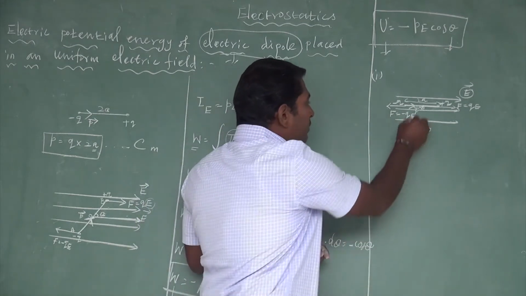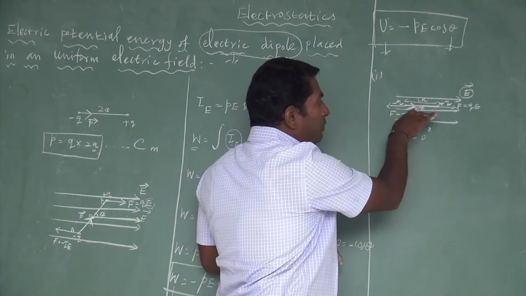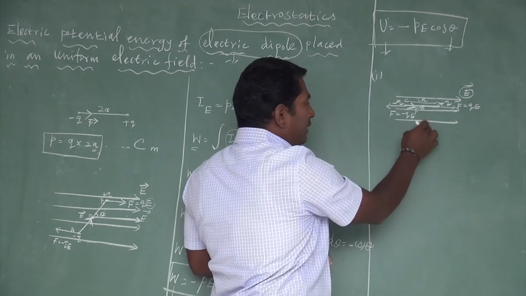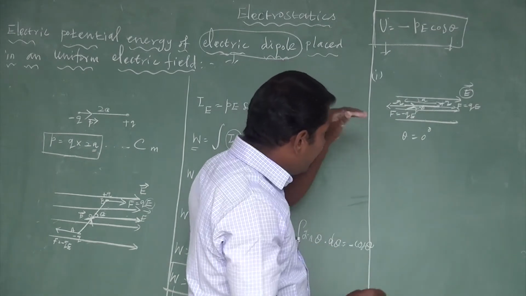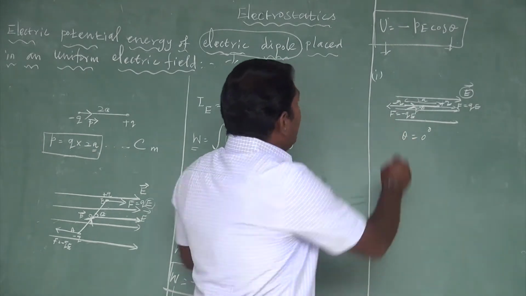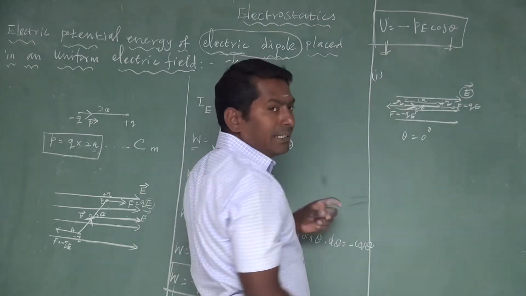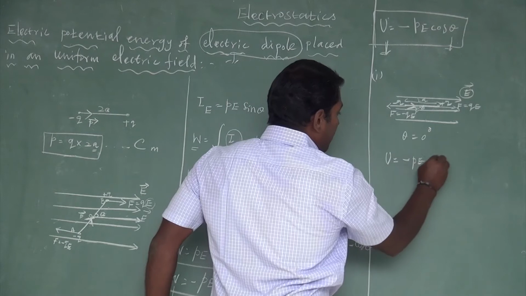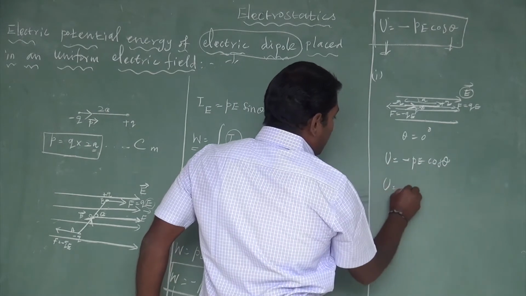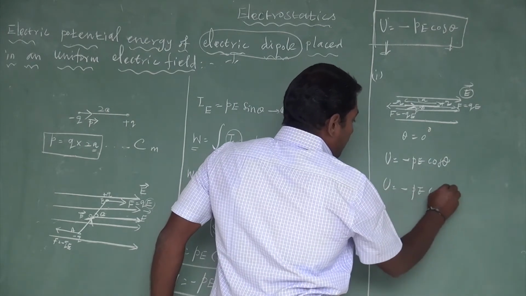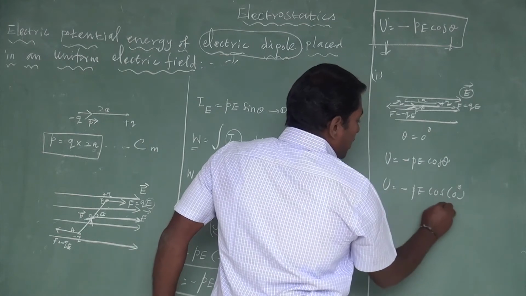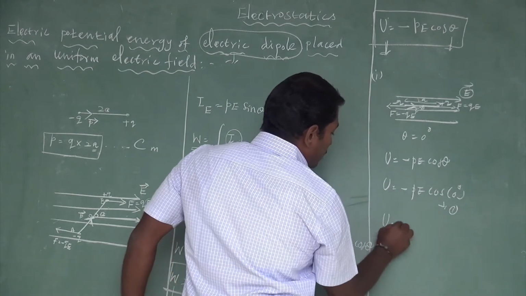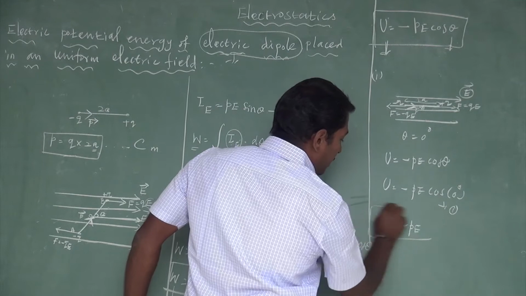But now the angle between the direction of the electric dipole moment and the direction of the electric field, theta, is equal to 0 degree. In this position, what is the electric potential energy of the electric dipole? U is equal to minus pE cos theta. U is equal to minus pE cos 0 degree. Cos 0 value is 1. U is equal to minus pE.